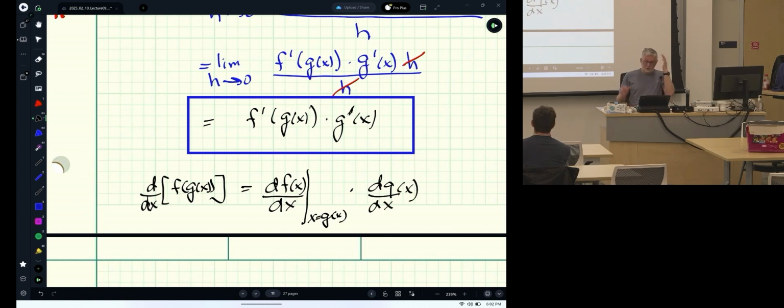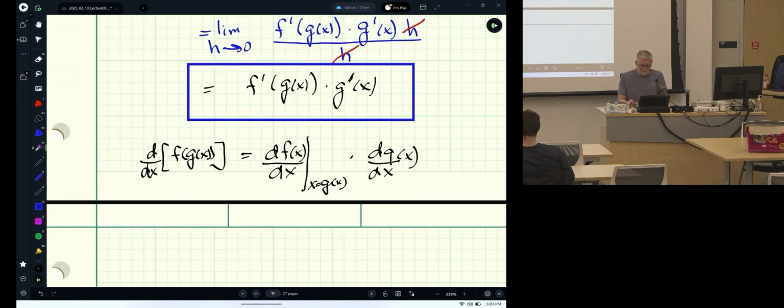So personally, I find this much less clear than the derivative of f evaluated at g of x, okay? To me, this is more clear, times the derivative of g. So it's cleaner than this evaluate at, etc.